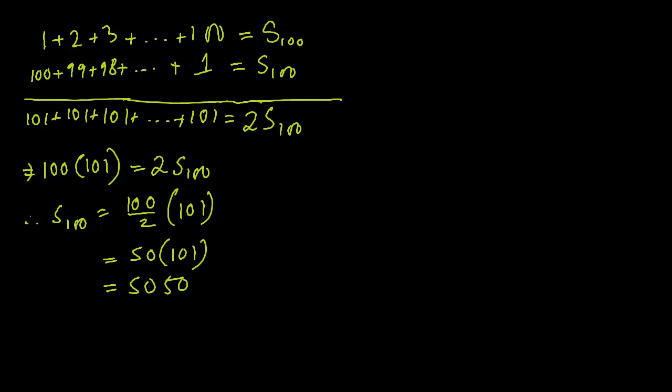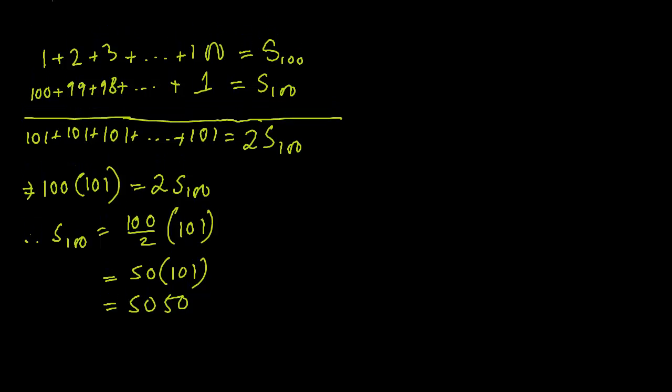Can we now use some algebra to figure out what is actually happening here? If you notice, if the first term is a, then the second term is a plus d, the third term is a plus 2d, and the nth term is a plus (n minus 1)d.